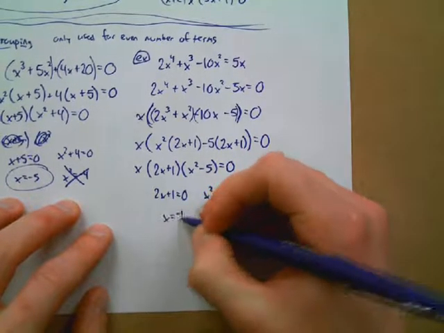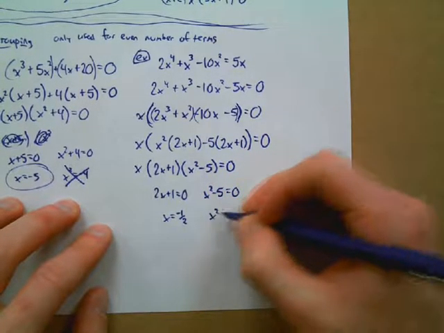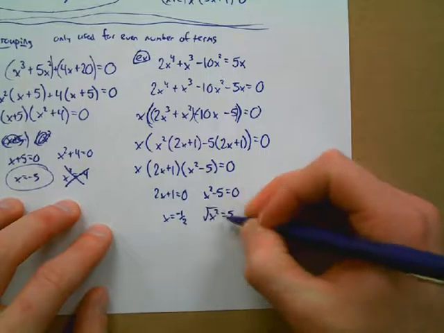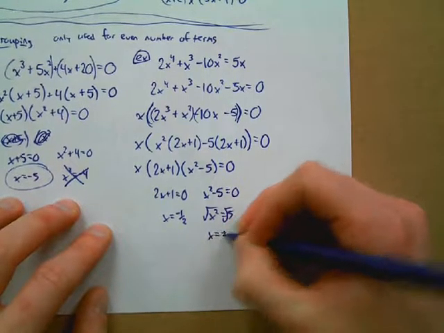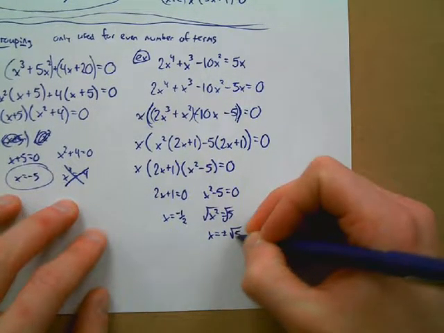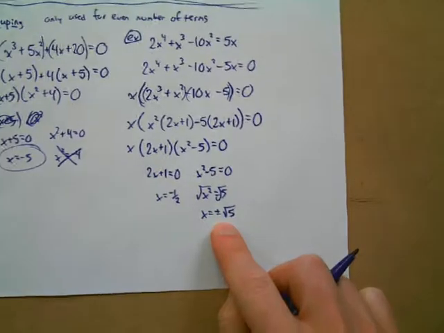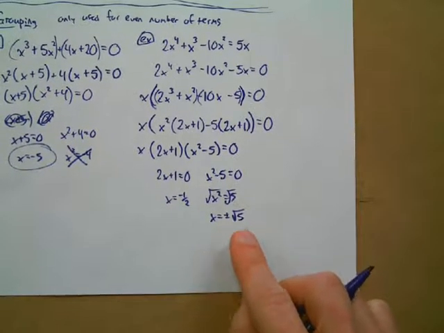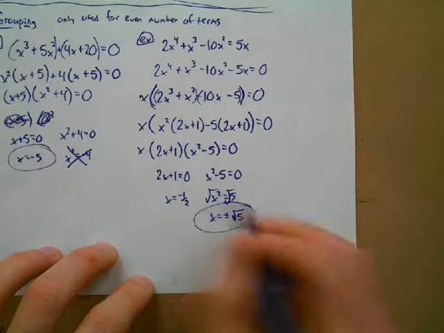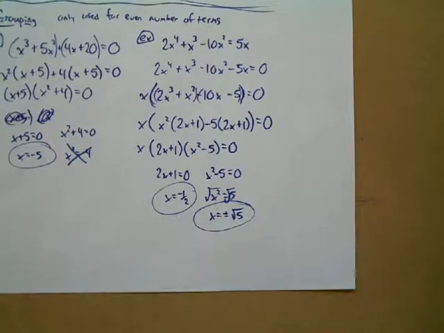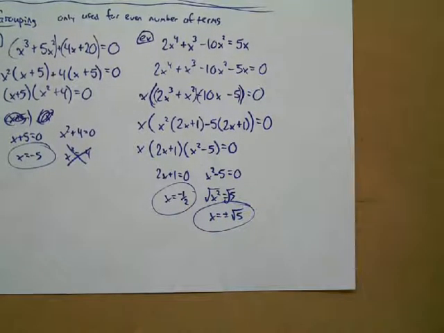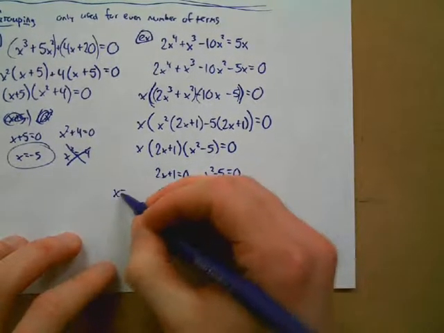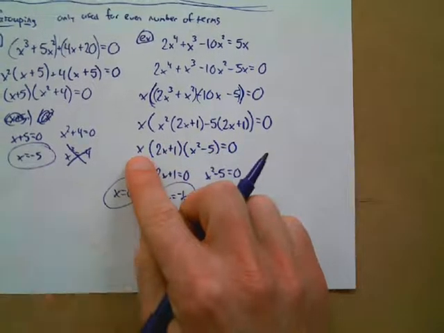Do I need to get rid of these root 5s here? No, they're okay. They're irrational, but they're still real, so we keep them. What was the question? Yes. Right, we also have to set x equal to 0. Don't forget about this little x out front here. That's also a solution. It is very easy to forget about that x sometimes, so please be careful.